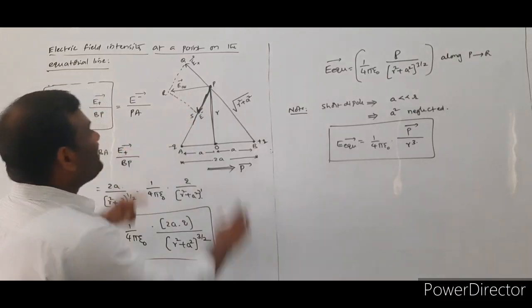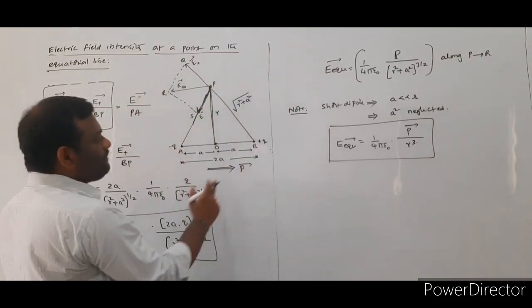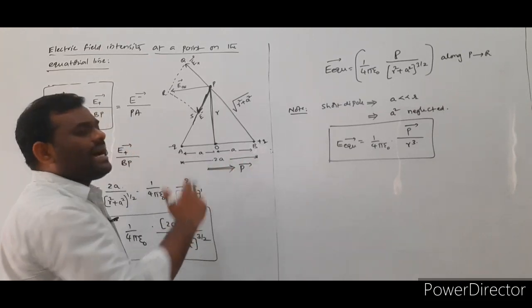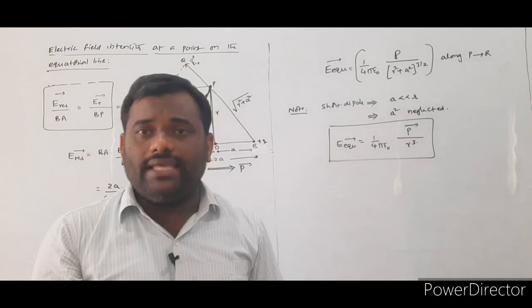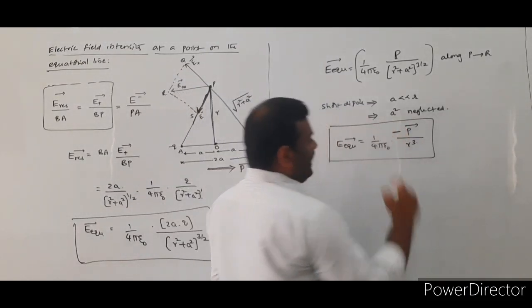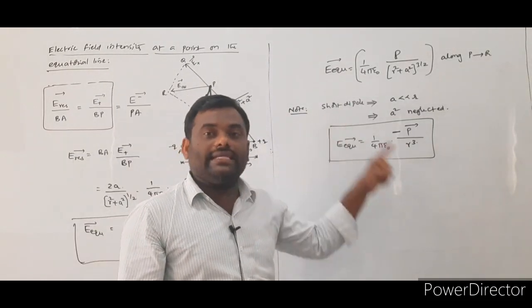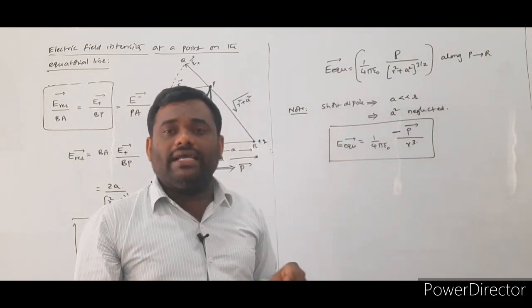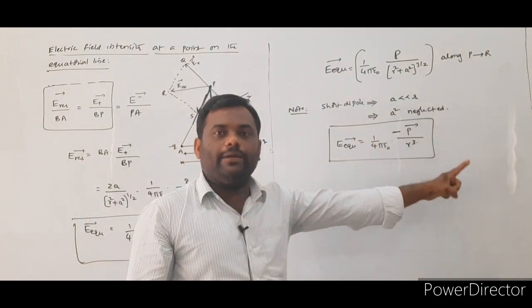From this diagram, resultant electric field intensity will be acting from P to R. That means it is opposite to the direction of the electrical dipole moment. So in the case of the equatorial line, the direction of the resultant electric field intensity is always acting anti-parallel to the direction of the electrical dipole moment.